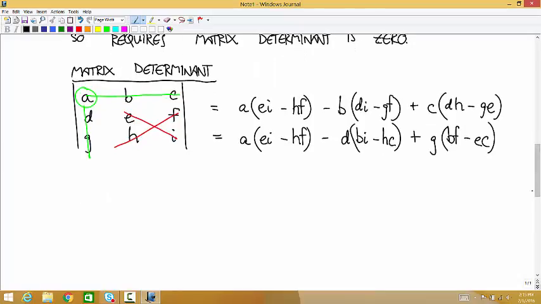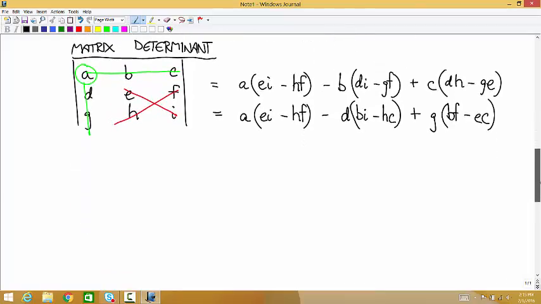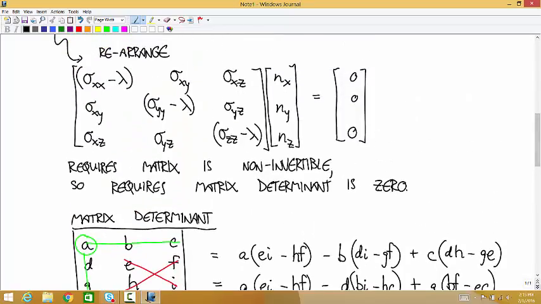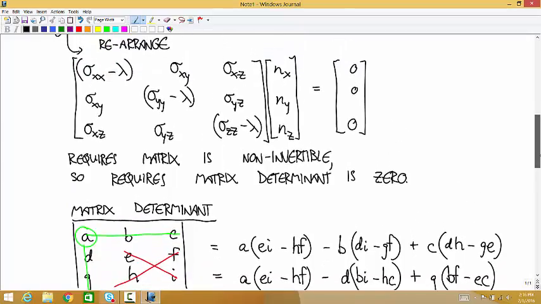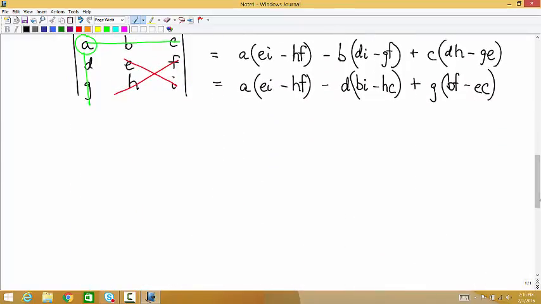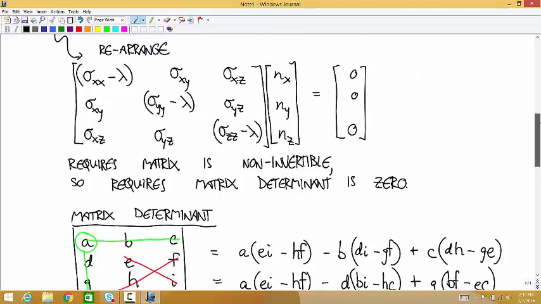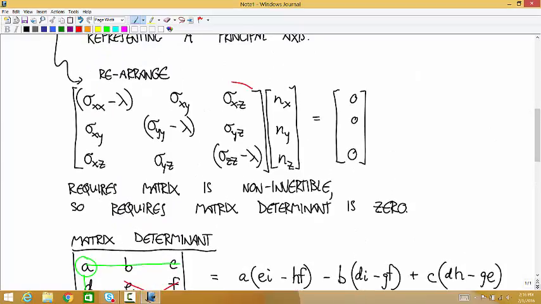All right, so let's think about the determinant of this thing. So take the determinant of, let's call this matrix here star.